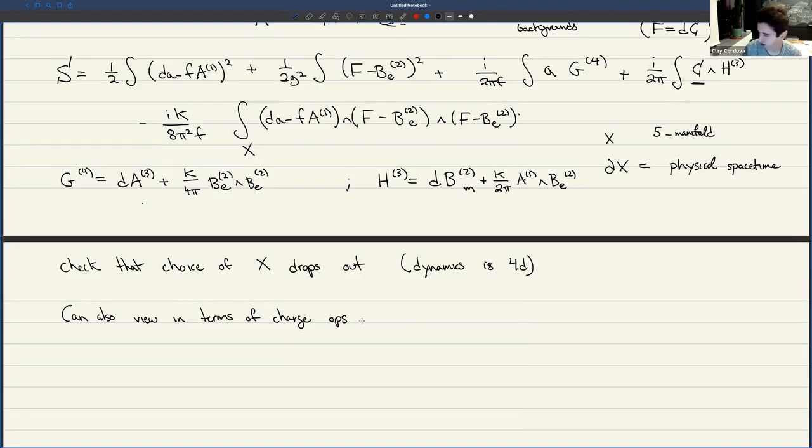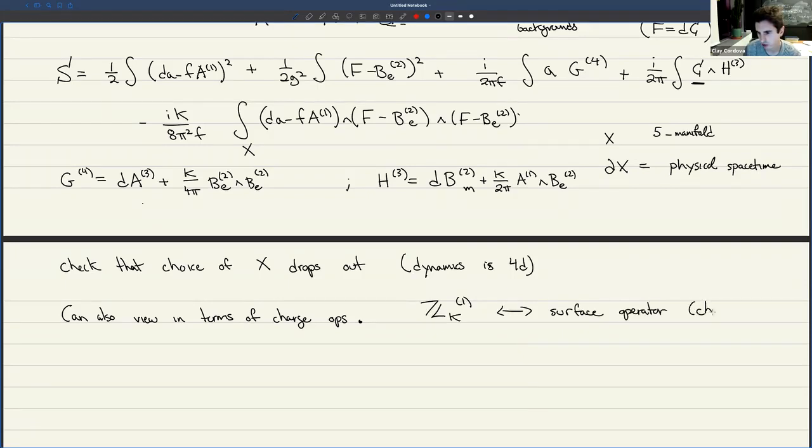Okay, so let's also try to view this, at least conceptually, in terms of charge operators without presenting the details. So we wrote charge operators for one-form symmetries above. That means you could integrate over some surface and measure the charge. So, for instance, the ZK one-form symmetry tells us there's some kind of surface operator.